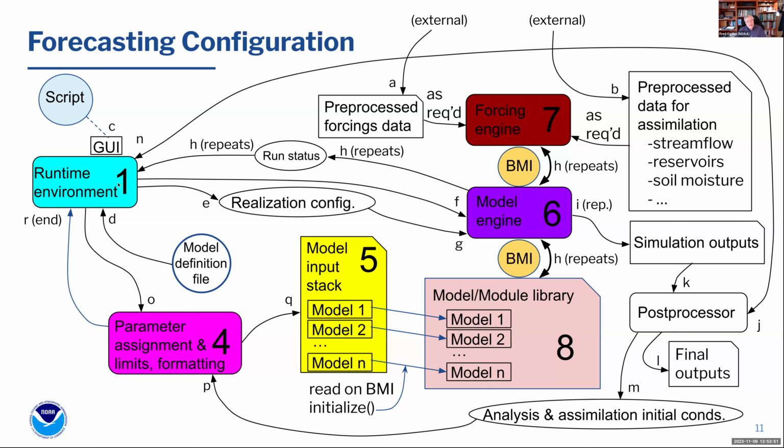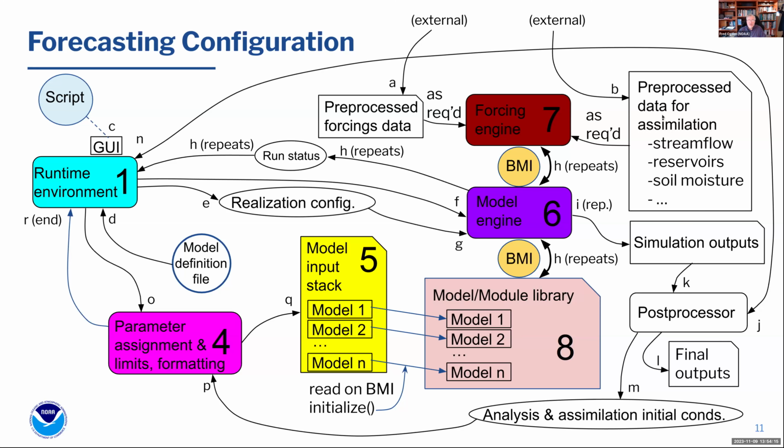It would read pre-processed forcings data obtained from other parts of NOAA supercomputing hardware. And then data for data assimilation, stream flow, reservoirs, soil moisture, snow cover, whatever you're assimilating, those come from somewhere else also.